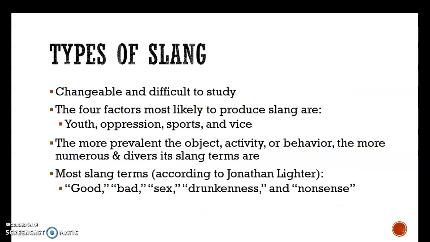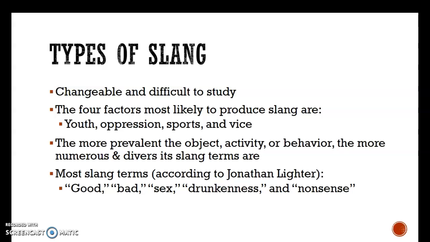Linguists note that because slang is constantly changing, one word rises to prominence as another falls. It can be difficult to study slang. There are, however, a few generic statements we can make about types of slang. Okay, so here they are. First, the 4 factors most likely to produce slang: youth, oppression, sports, and vice.